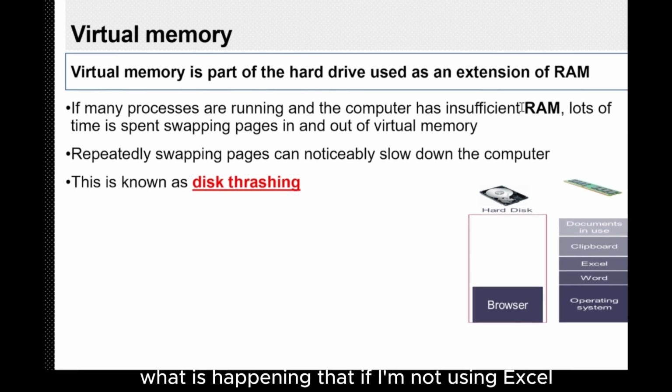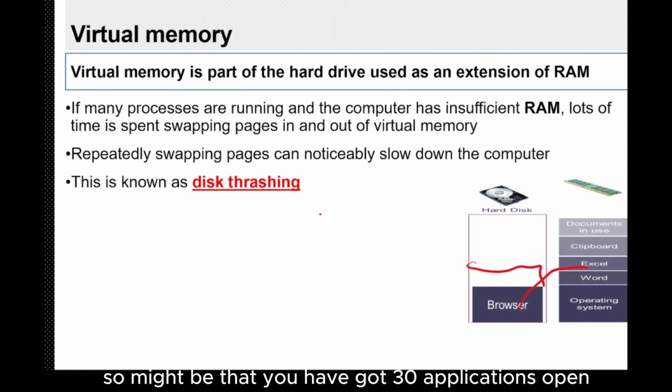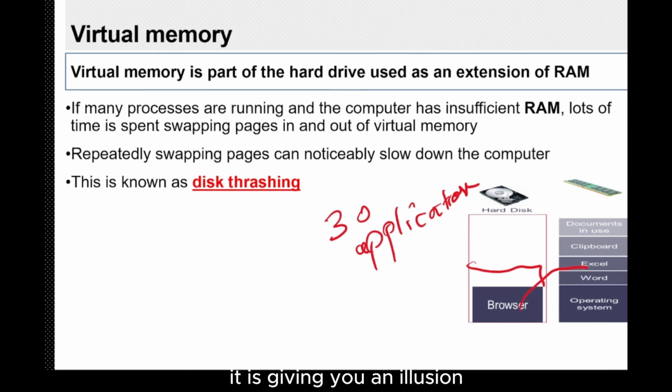So if I'm not using Excel, it will go into virtual memory and the browser will come into RAM. Remember, you can only work on one application at a time. You might have 30 applications open, but it is giving you an illusion that you're working on all of them, but you're not.